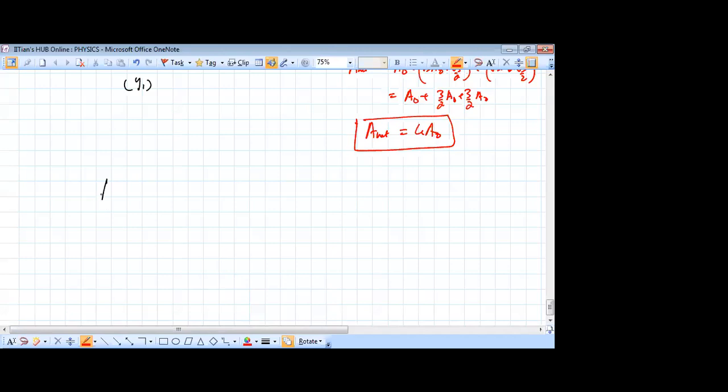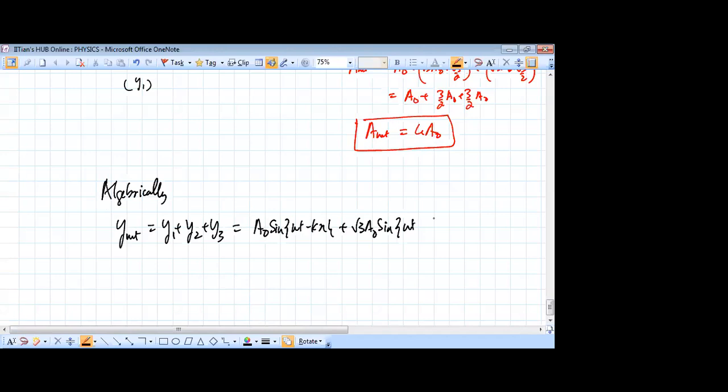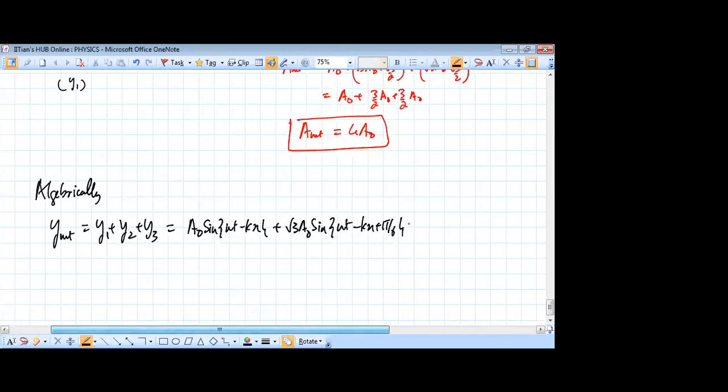So algebraically, if you solve this, you can do like this: suppose you take the whole term omega t minus kx as theta.